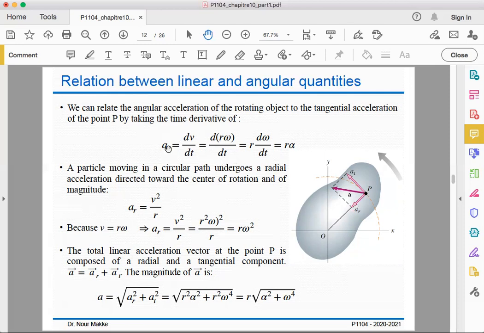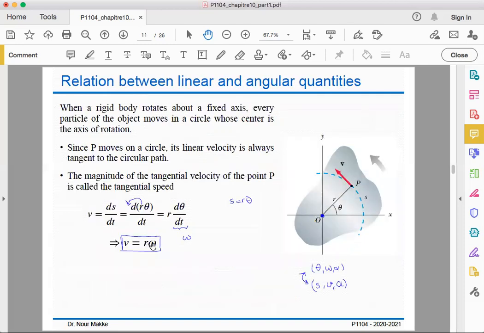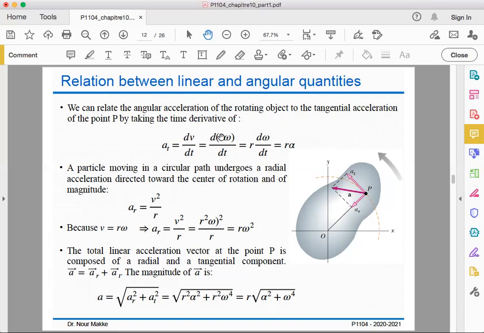We have previously seen that the tangential acceleration is defined as the derivative of the speed with respect to time. And this speed, v, is nothing else than r times omega. So if we substitute v by r omega, the derivative of r omega with respect to time is the derivative of r with respect to time multiplied by omega plus r multiplied by the derivative of omega with respect to time.